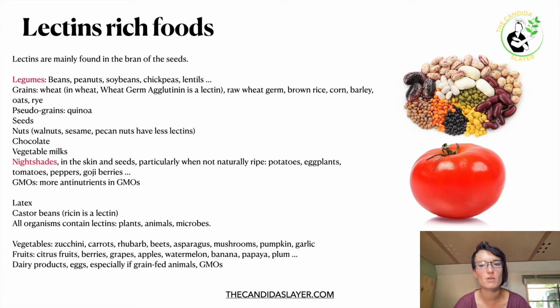If you consume dairy from grain fed cows, that's where you have issues. If you consume eggs from pasture raised chicken that go outside and they can eat grass and insects, that will be very good for you. If you eat eggs from chicken that are fed grains, GMO grains, and that can't go outside, never see the sun, that's where you will have issues.